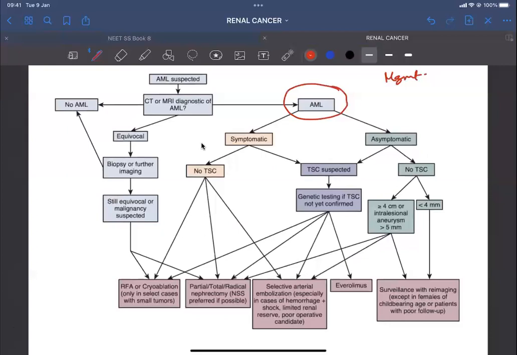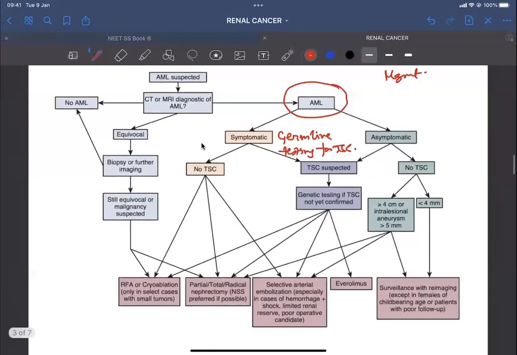some form of treatment. And if they are symptomatic, you do germline testing for TSC. So if they do not have tuberous sclerosis, then the management, the only thing that differs is if they have tuberous sclerosis, or if you suspect tuberous sclerosis, they can also have everolimus as a treatment option.